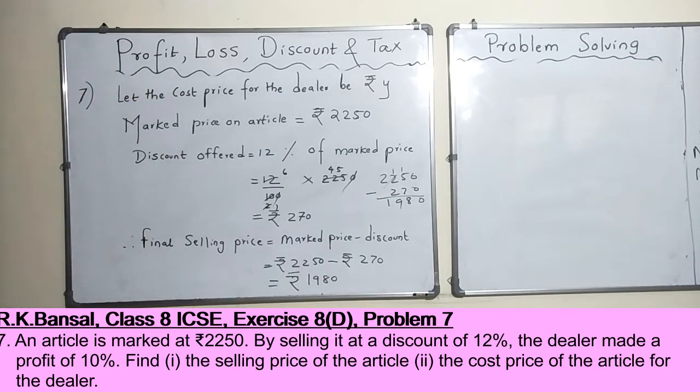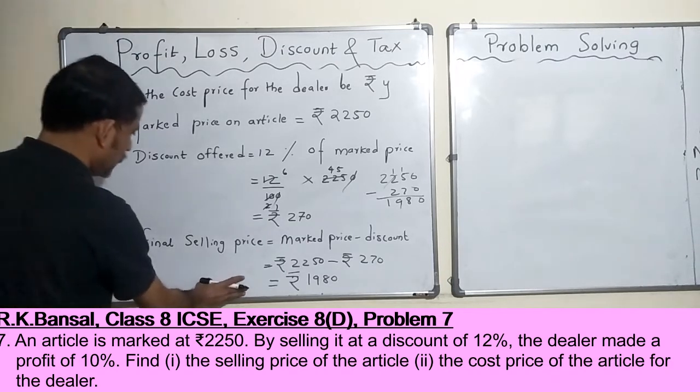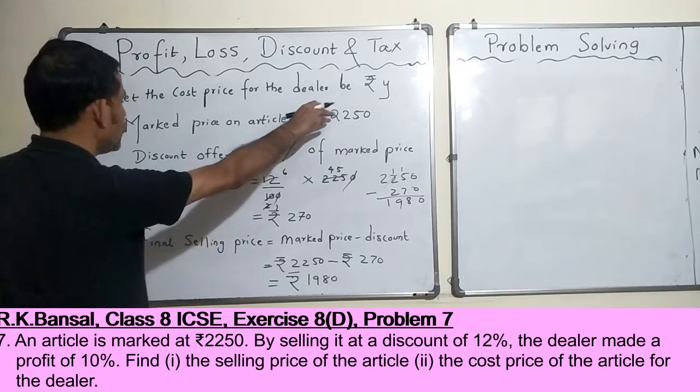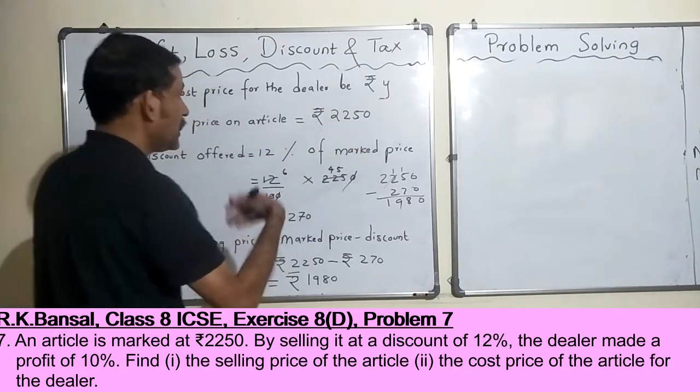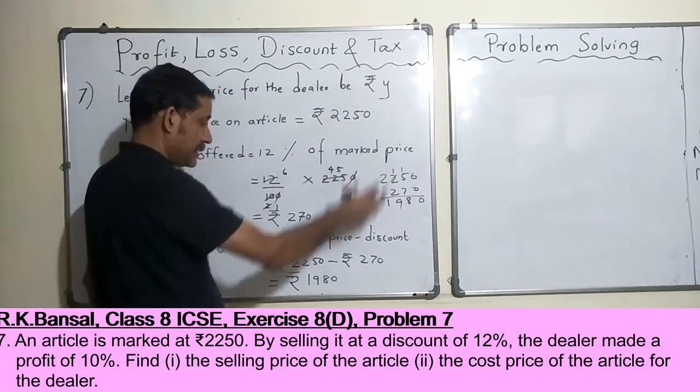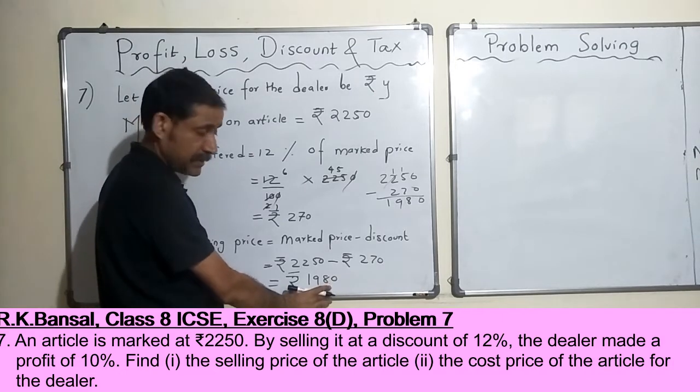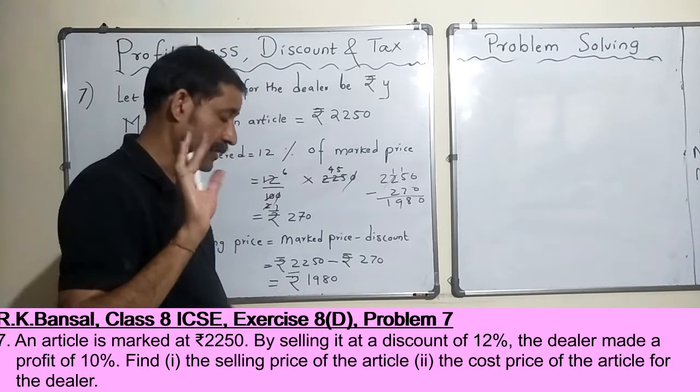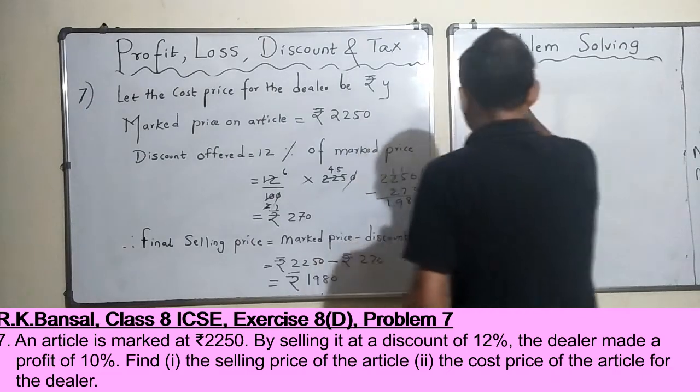Good. So then what do we do? Any idea how we proceed further? All right. So now we know that this is the final selling price. This is the initial cost price. So the dealer bought this at rupees y. He sold it at rupees 1980 and he still made a profit of 10%, right? So let's use that formula.